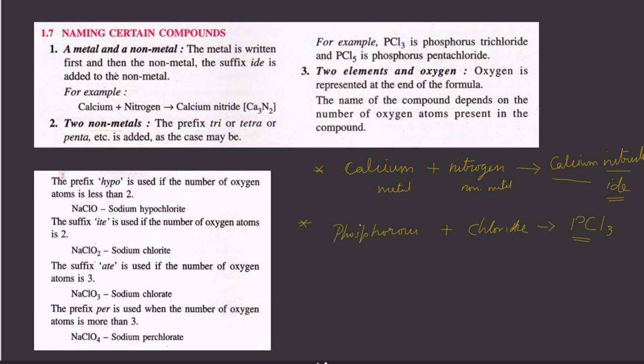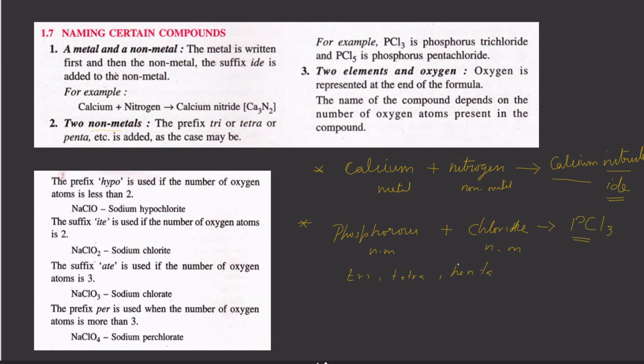So if two non-metals are reacting together, we have to write a prefix like tri, tetra or penta, depending on the number of atoms of the second non-metal present.